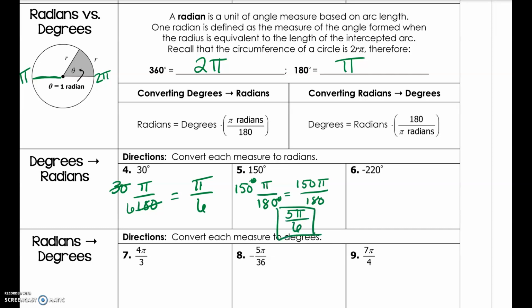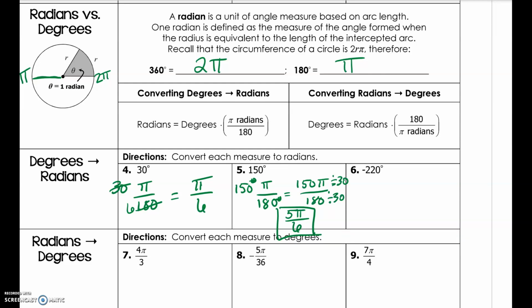And that's the answer, because you always want it in smallest fraction. And so we're dividing by 30. And that's how we get 5 pi over 6.